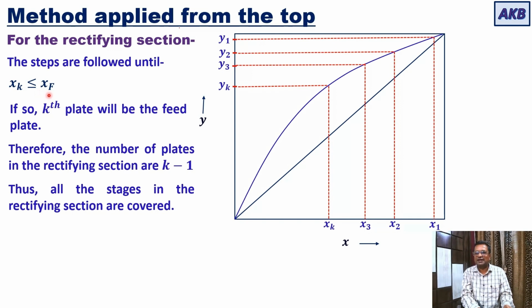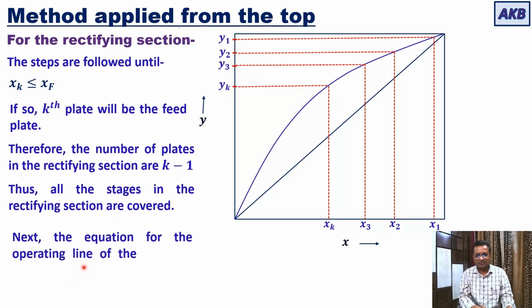Now you know how many stages are in the rectifying section, and you also know the number of the feed plate. So if this is happening on the kth plate, xk is becoming less than xf for the first time. So you are getting x1, x2, x3, and you have got xk which is less than xf. Then you are at the feed plate.